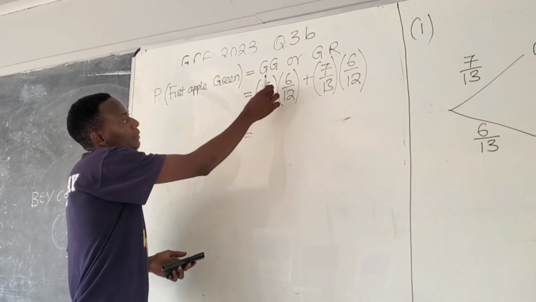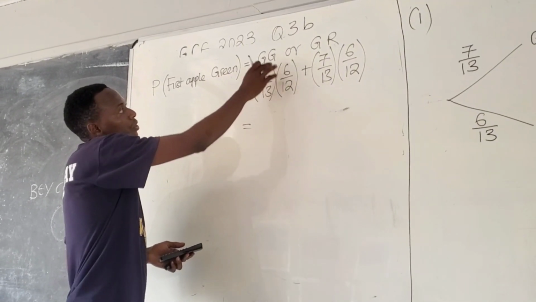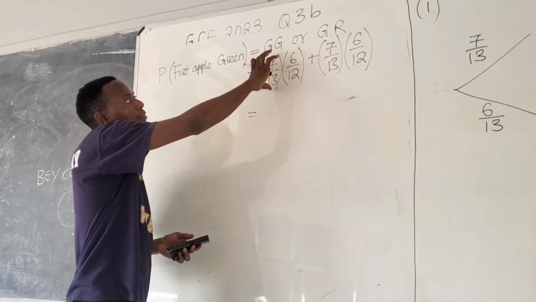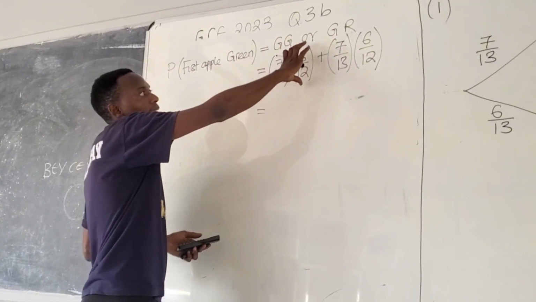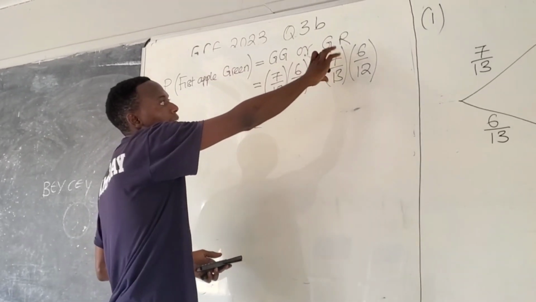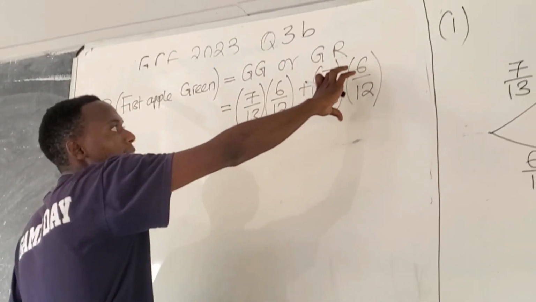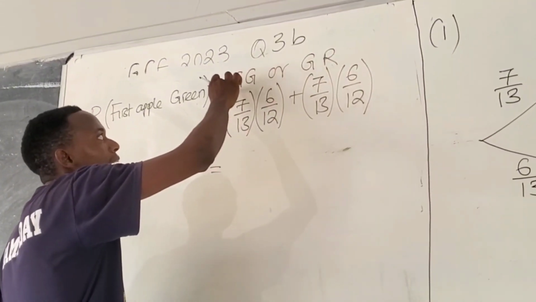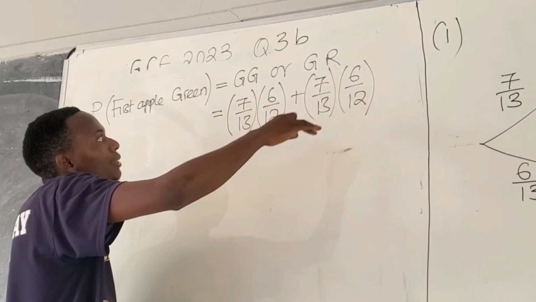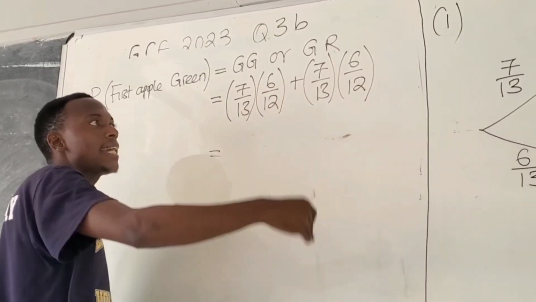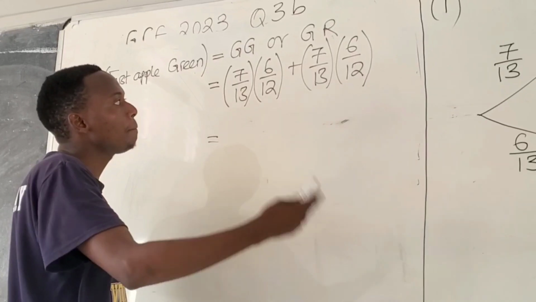So here we are multiplying the probability of us getting a green apple and then the second time a green apple, plus the green apple and then the second time. So in short, we just have the combinations in which the green apple was the first one which was picked.